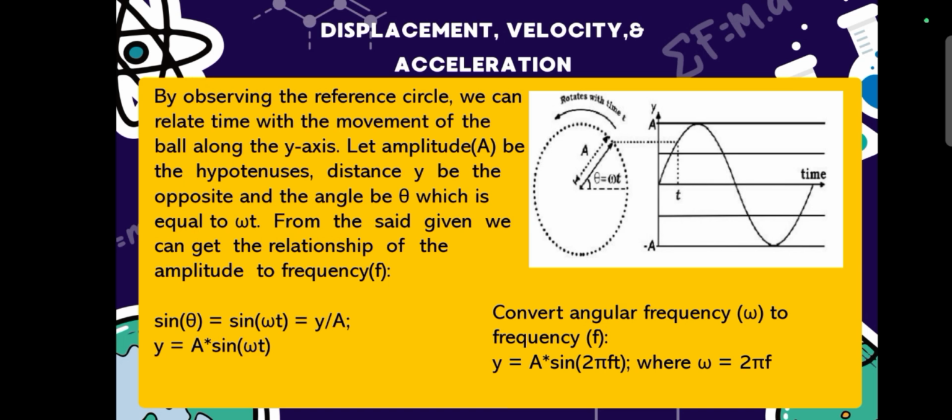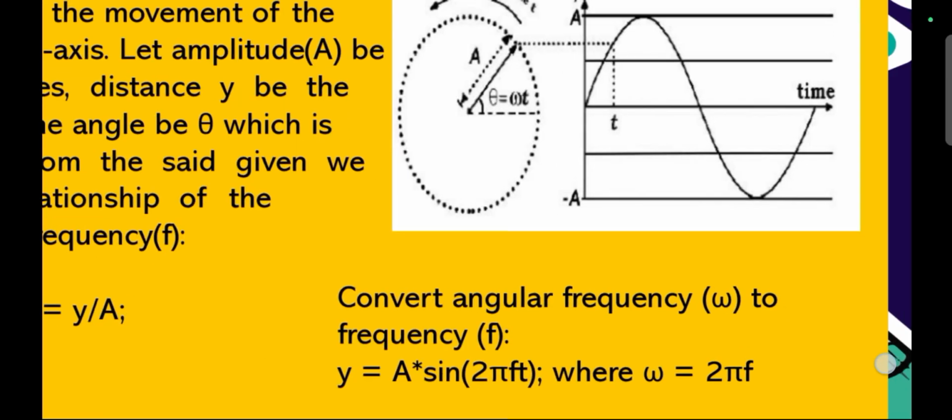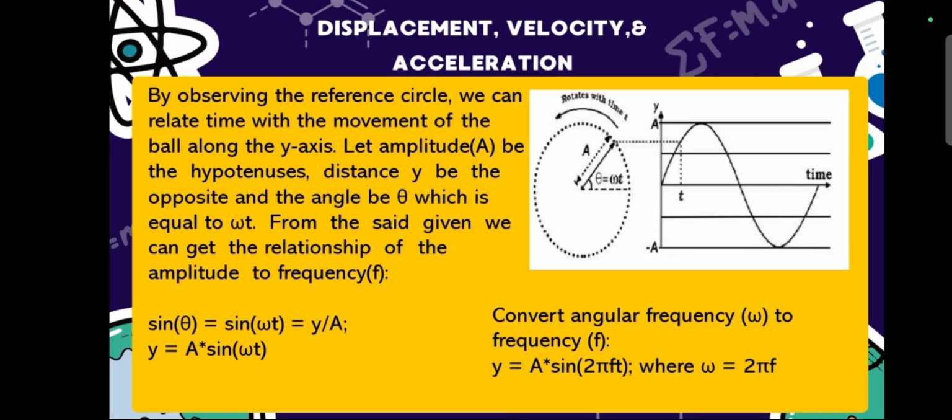By observing the reference circle, we can relate time with the movement of the ball along the y-axis. Let amplitude A be the hypotenuse, distance y be the opposite, and the angle be theta, which is equal to omega t. From the given, we can get the relationship of amplitude to frequency.